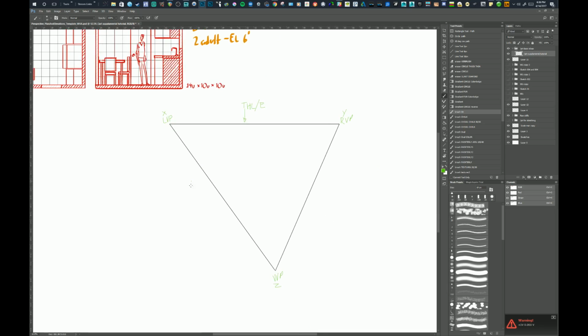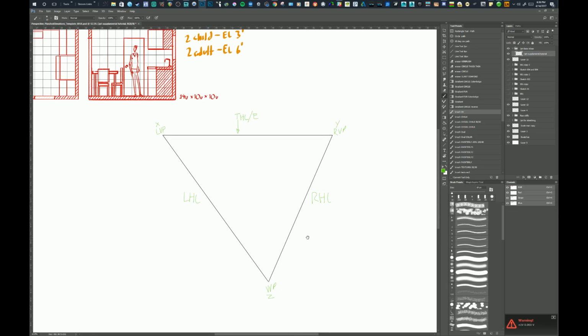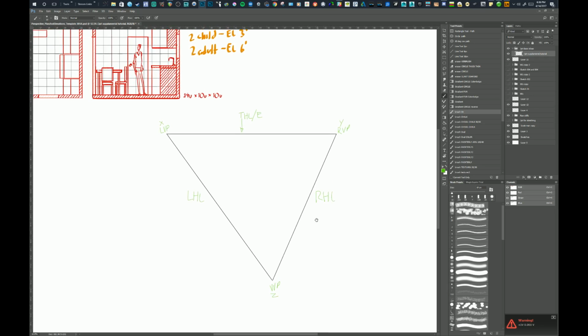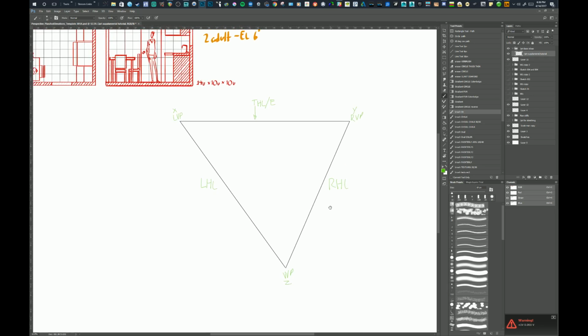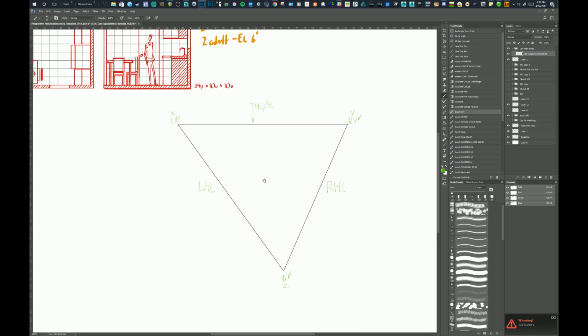Now this over here is my left horizon line, and this over here is my right horizon line. The reason why we have 3 horizons is, I don't want to get too much into history, but essentially the math works out this way, and it was the appropriate way of connecting your vanishing points so that mathematically you can create your measure points.